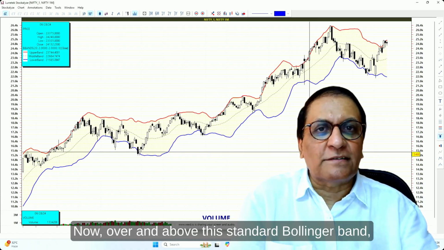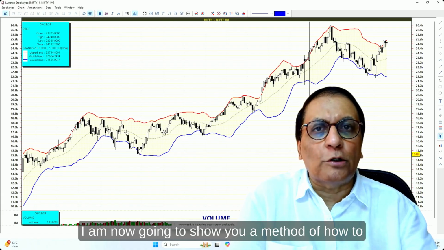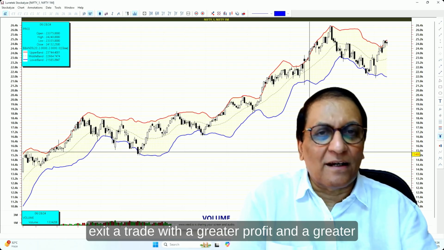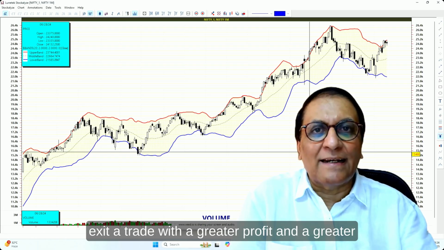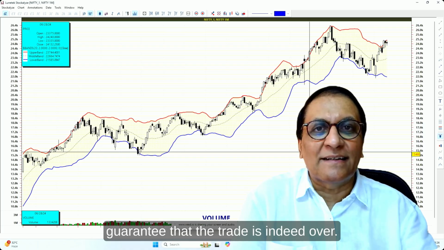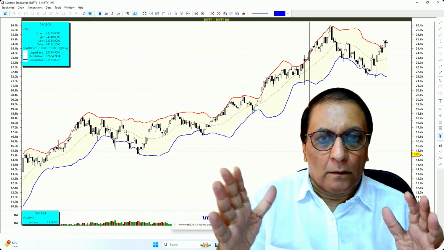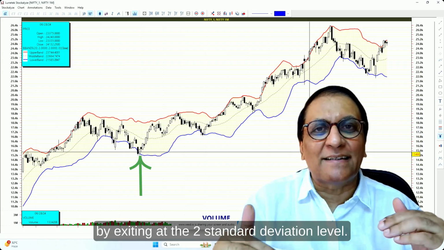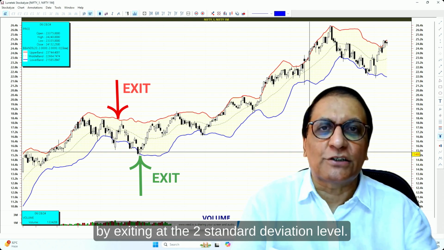Now, over and above this standard Bollinger Band, I'm going to show you a method of how to exit a trade with a greater profit and a greater guarantee that the trade is indeed over. Most people use a standard Bollinger Band by exiting at the two standard deviation level.